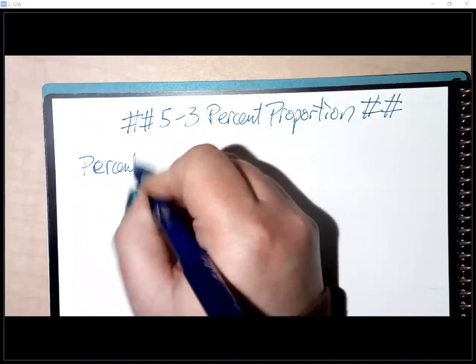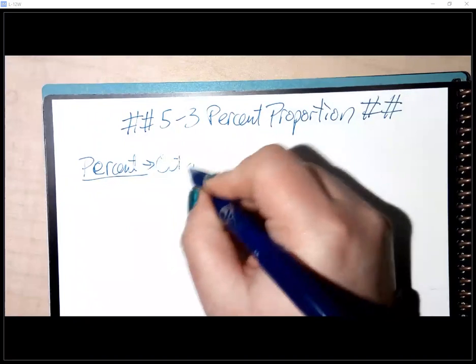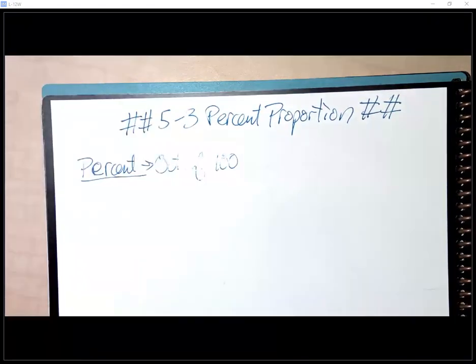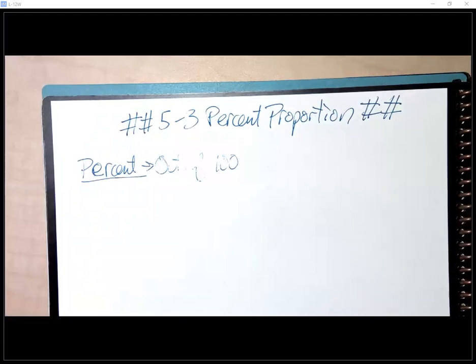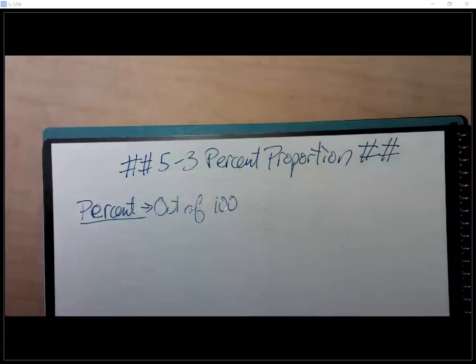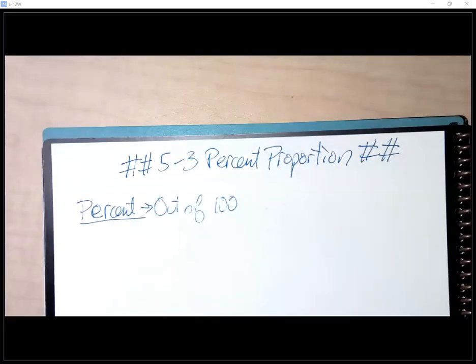It means out of 100. Okay, so percent means out of 100.